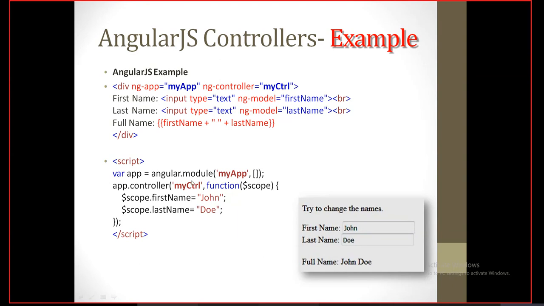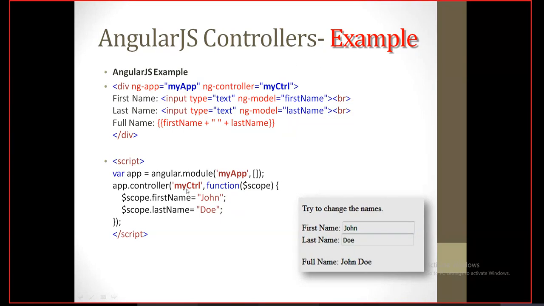Now once I have got the reference to the application module, I will have to define a controller for that module. So how do I do that? Variable name, whatever variable name I took for reference, dot controller function, and I will mention the name of the controller.